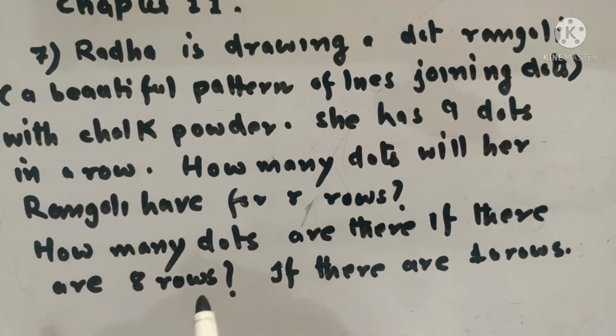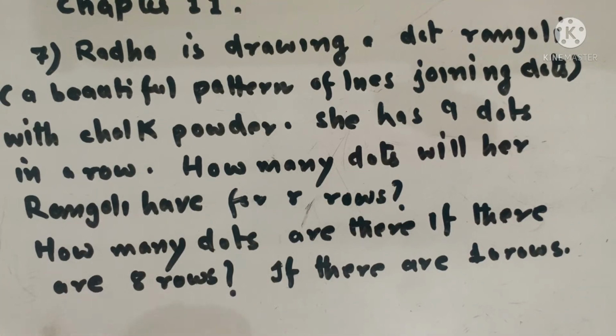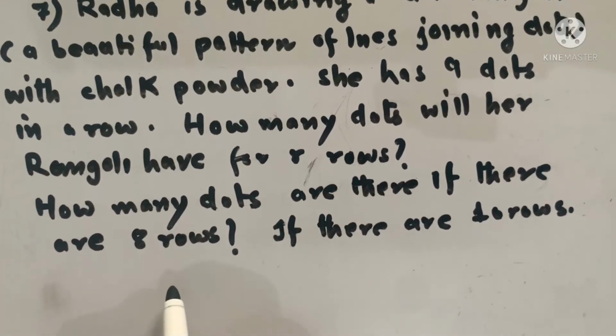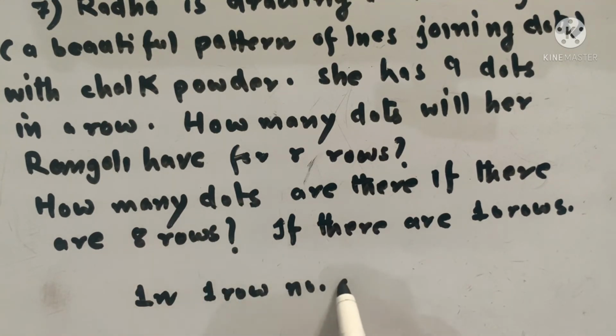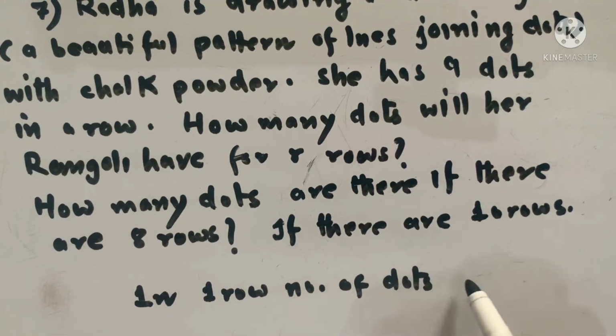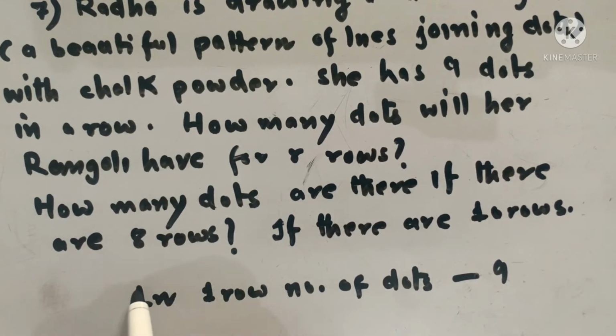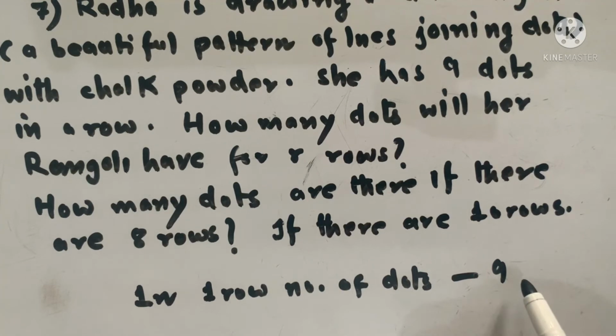Now Radha has 9 dots in a row. How many dots will her rangoli have for R rows? We have to find that. Now in 1 row, the number of dots is 9.